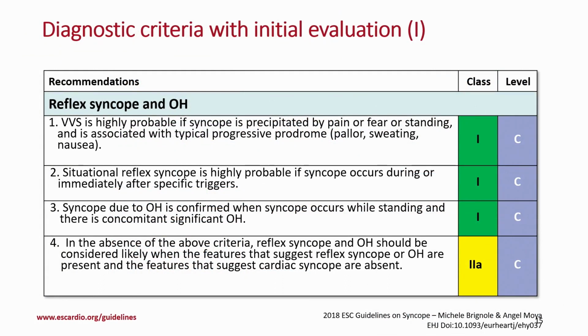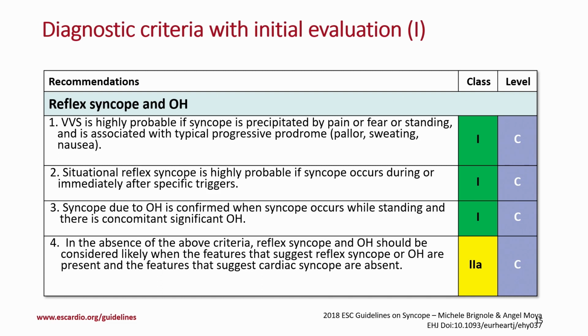Guidelines of syncope are of help, but should be applied. There are cases in which the diagnosis is established just by history. For example, vasovagal syncope is highly probable if syncope is precipitated by pain or fear or standing, and is associated with typical progressive prodrome: pallor, sweating, nausea.